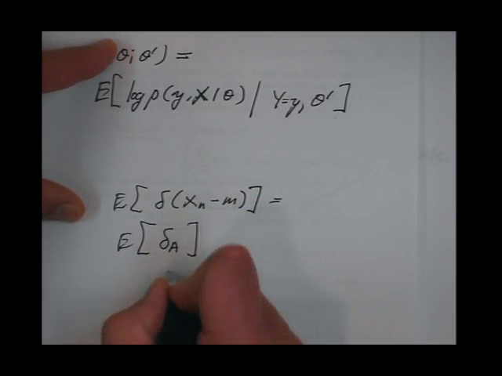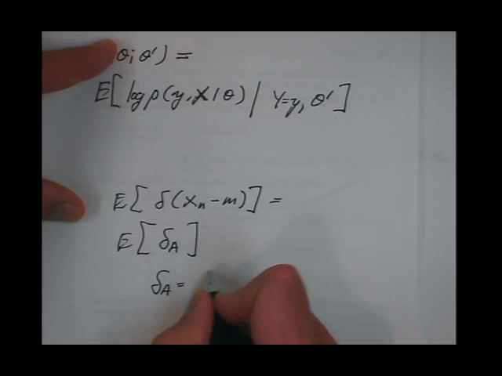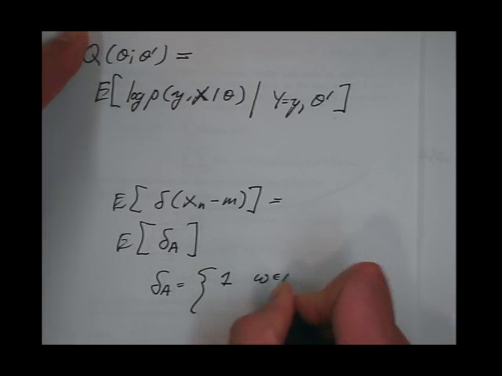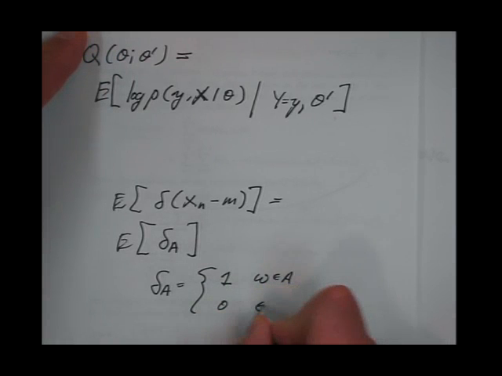So this is called an indicator function. It's 1 if omega is in A, and 0 if omega is not in A. By the way, the omega here is like the probability space or a random variable.